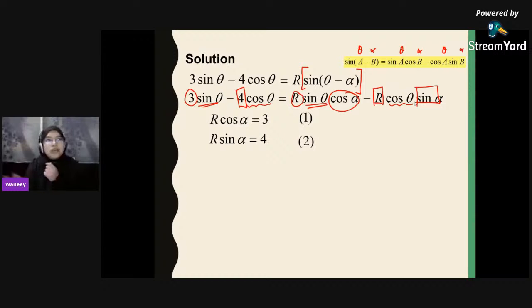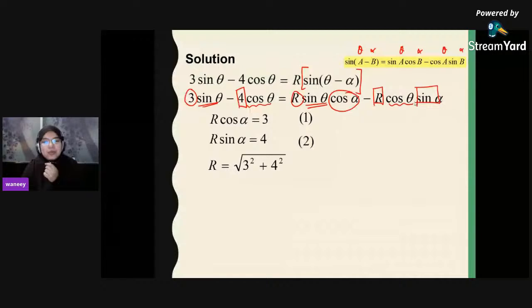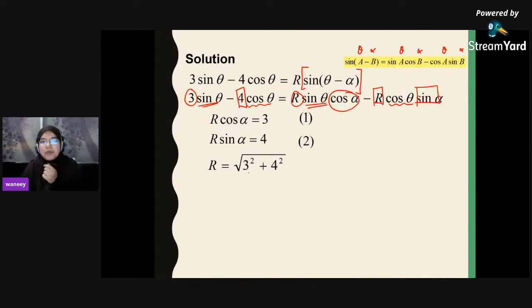So basically you got to square both equations, add them together. So we're going to have r square cos square alpha plus r square sine square alpha equal to 3 square plus 4 square. But I do some shortcut over there. So saya skip beberapa step. So we are going to have r equal to the square root of 3 square plus 4 square.